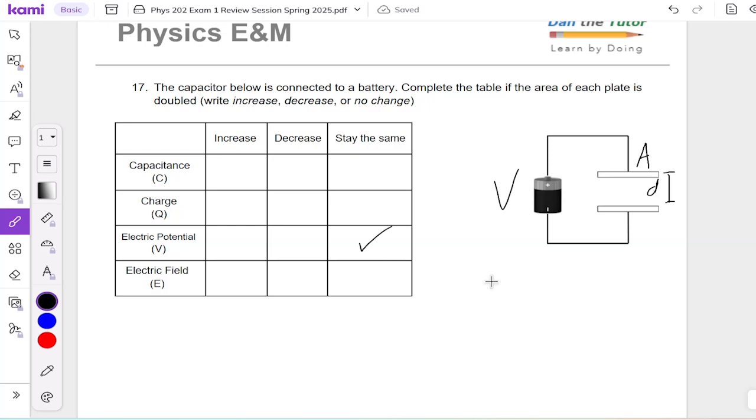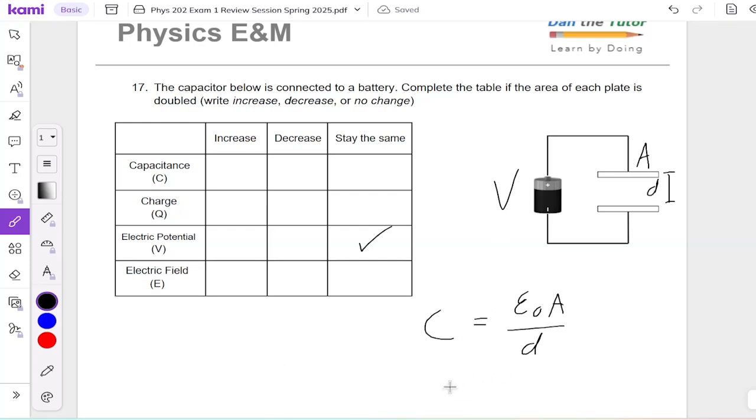Okay, so to do that, this is a comparison problem, right? The way we solve comparison problems is first I write the original equation. What's the original equation? If I'm solving for capacitance, this is the original equation. And then I have to ask myself, what's new? The only thing I'm doing is doubling the area of the plate.